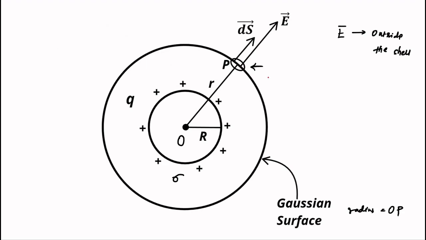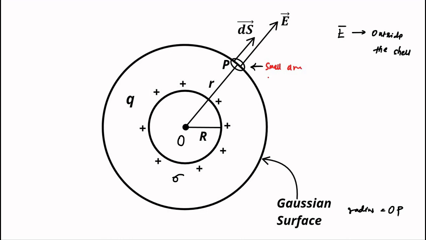Here, if we take this point P, the area element vector for this small area, that is ds vector, is directed radially outwards, perpendicular to the surface.